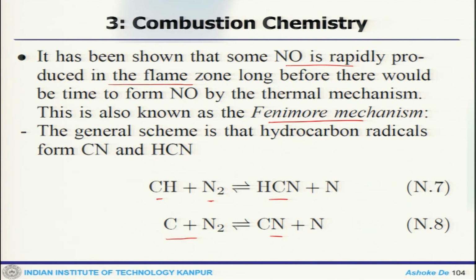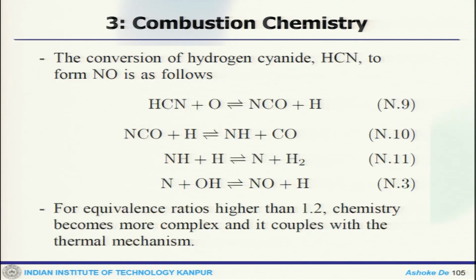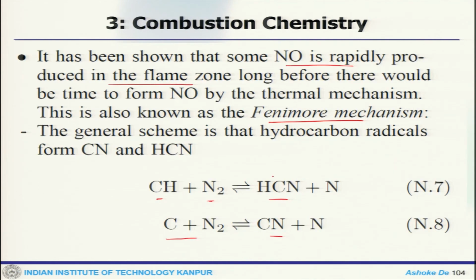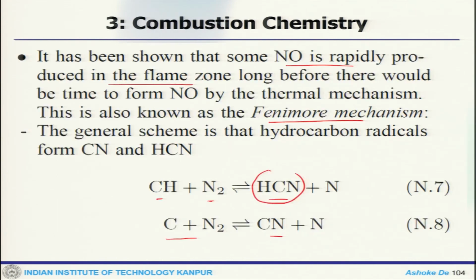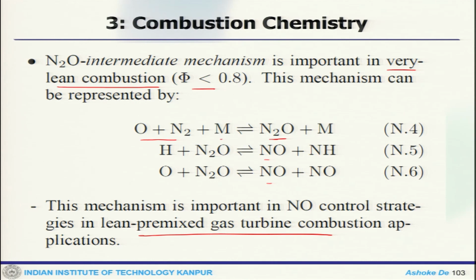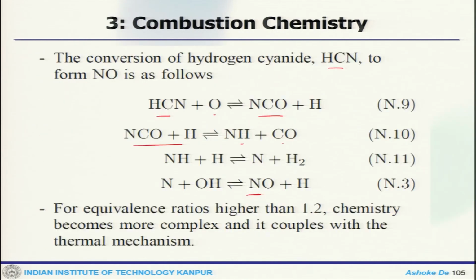Then the conversion of hydrogen cyanide, HCN, to form NO is as follows. Hydrogen cyanide will react with oxygen to form NCO. Now, NCO forms NH and CO, and then finally you get NO, and this happens in the zone where intermediate radicals are formed.